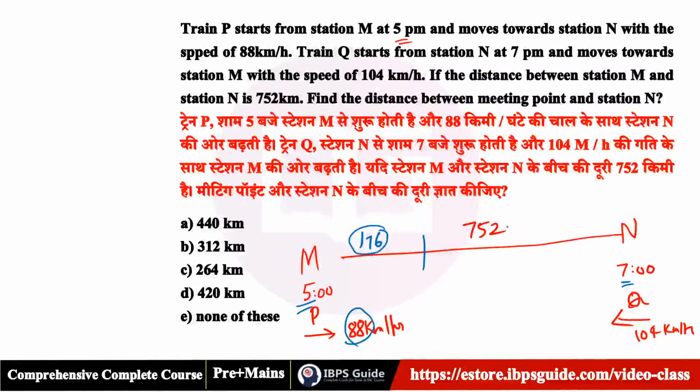So the remaining distance will be 752 minus 176. Now the train's speed is this, and the train is here. Now it's 7 o'clock, and it's also 7 o'clock for the other train. So the sum of speeds will be 104 plus 88, it means 192.